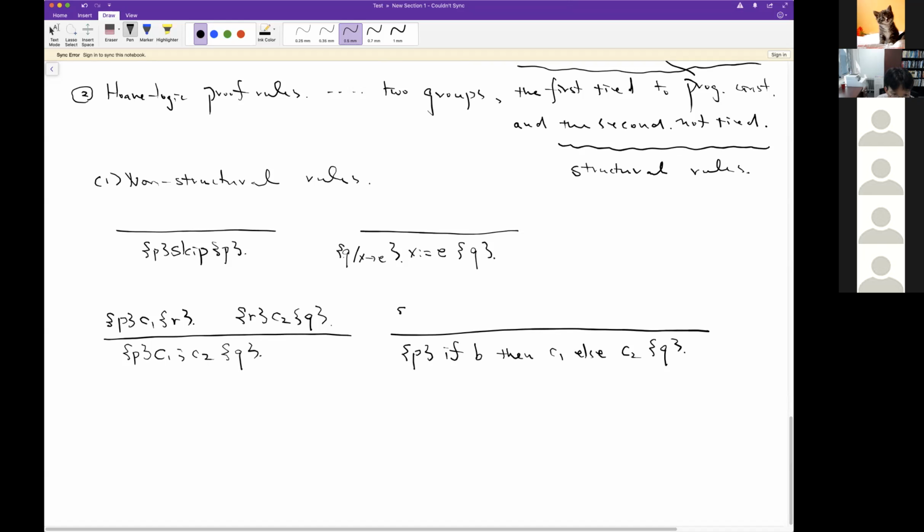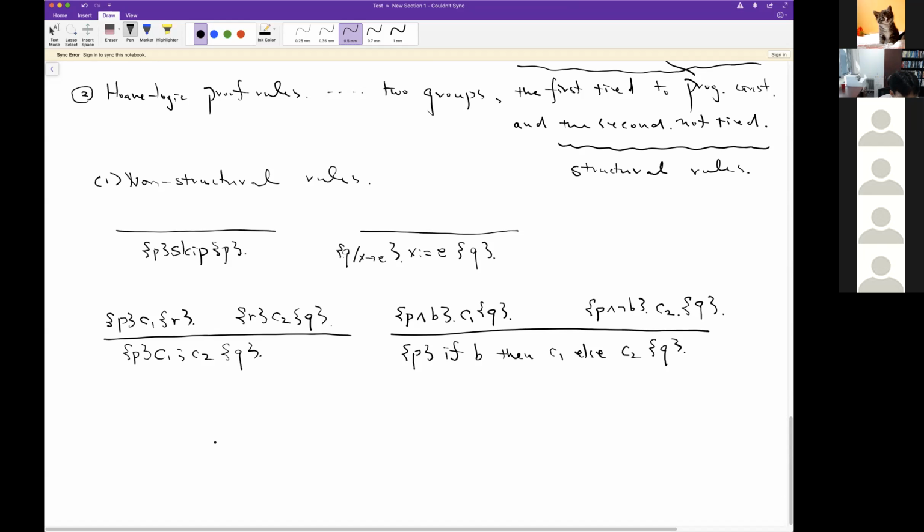Consider the case where B is true, and consider the case where B is false. In the true case, only consider the command in the true branch and establish the intended post condition Q. And if B is false, consider only the command in the false branch and prove that the intended post condition is true. So that's for the if then else.